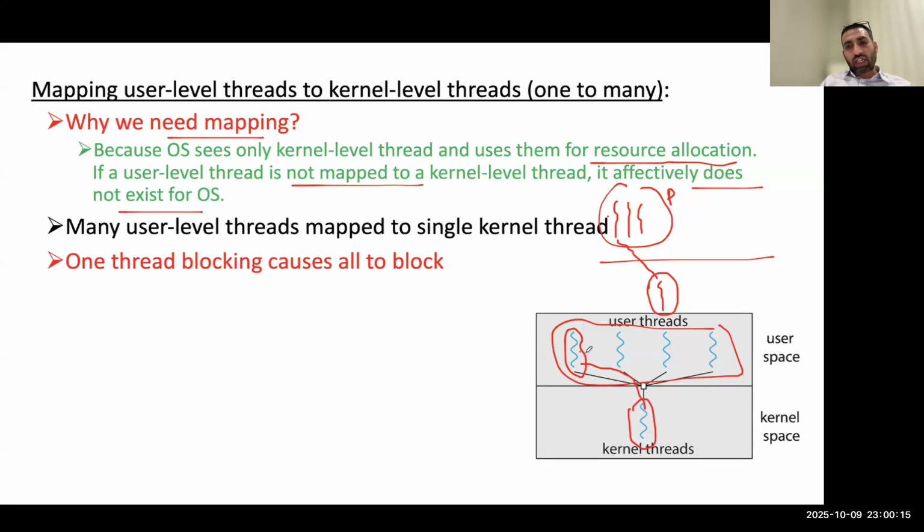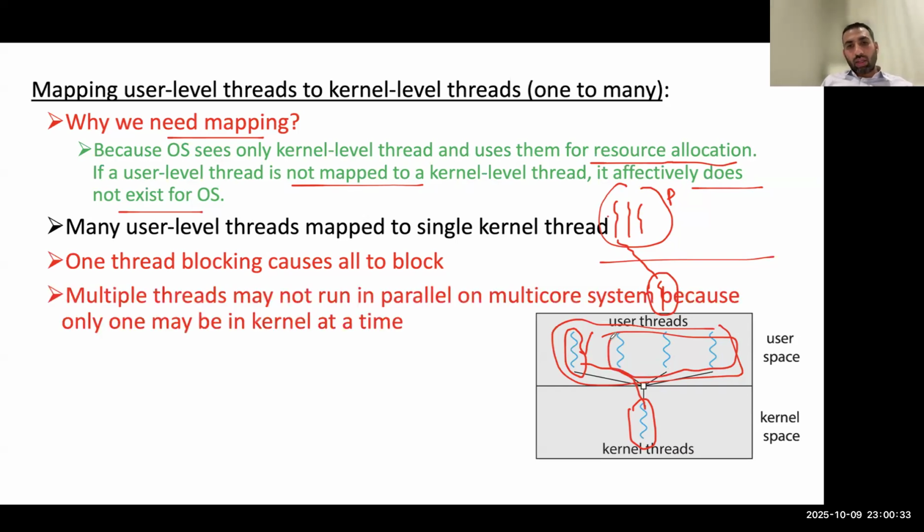If it gets blocked, then the kernel thread will also be blocked, waiting for the IO requested by this user level thread to be completed. So all the others will not be able to continue. Multiple threads will not be able to run in parallel even if you have a multi-core system, because only one of them may be in the kernel at a time.